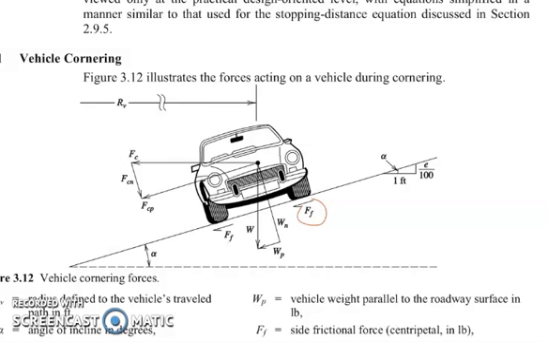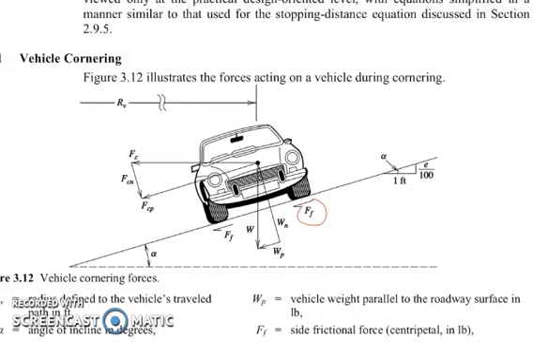Then we have W sub N, the vehicle weight normal to the roadway. Then we have W sub P, the vehicle weight parallel to the roadway surface.